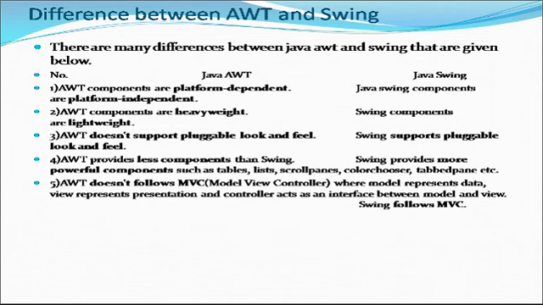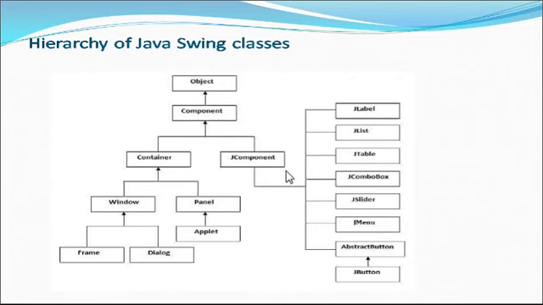Here is a simple flowchart to describe the different types of classes used in Swing, which are used to develop GUI desktop and window applications. Firstly, an object has two parts.